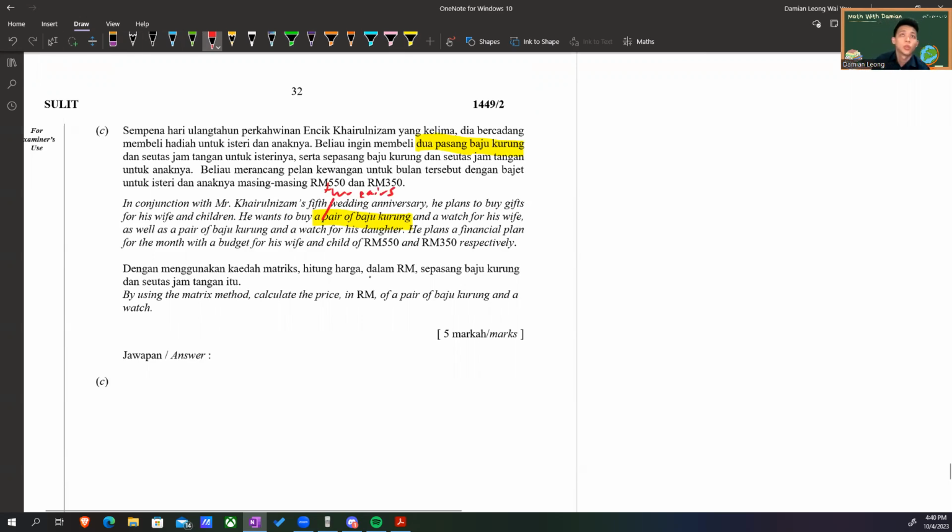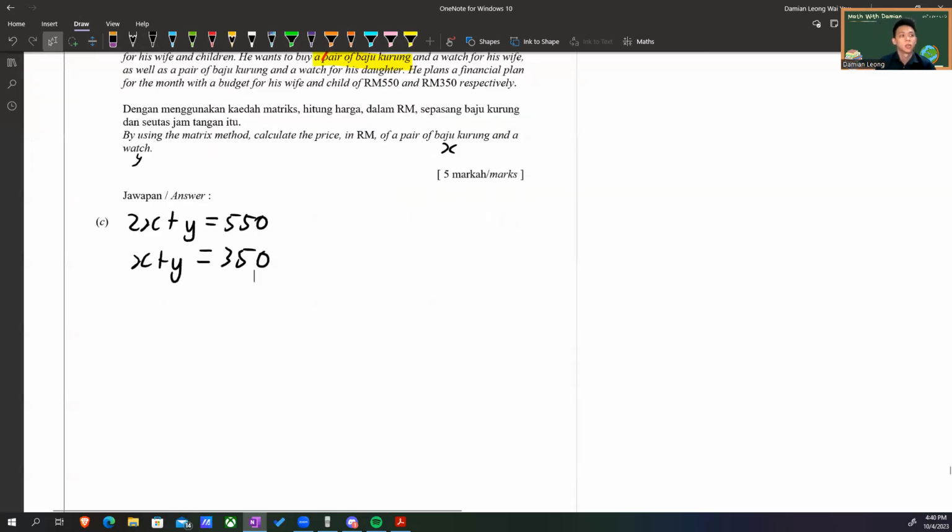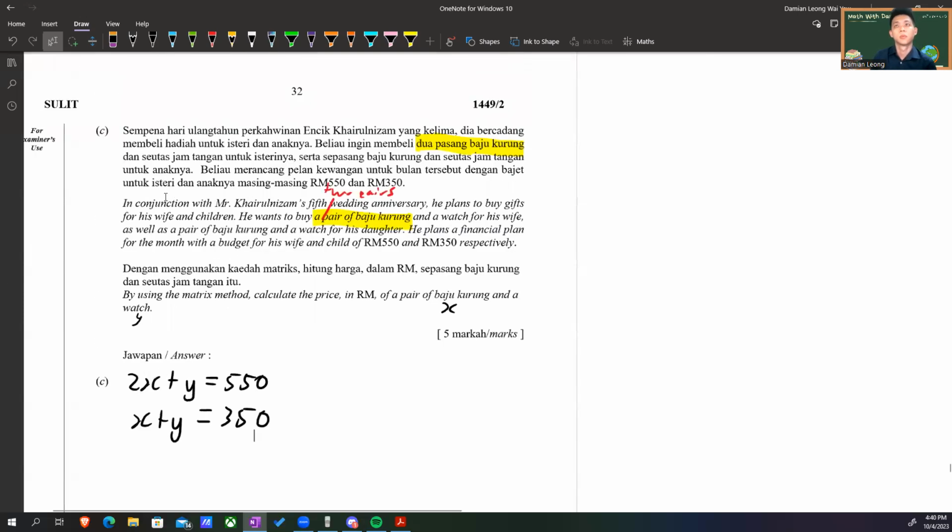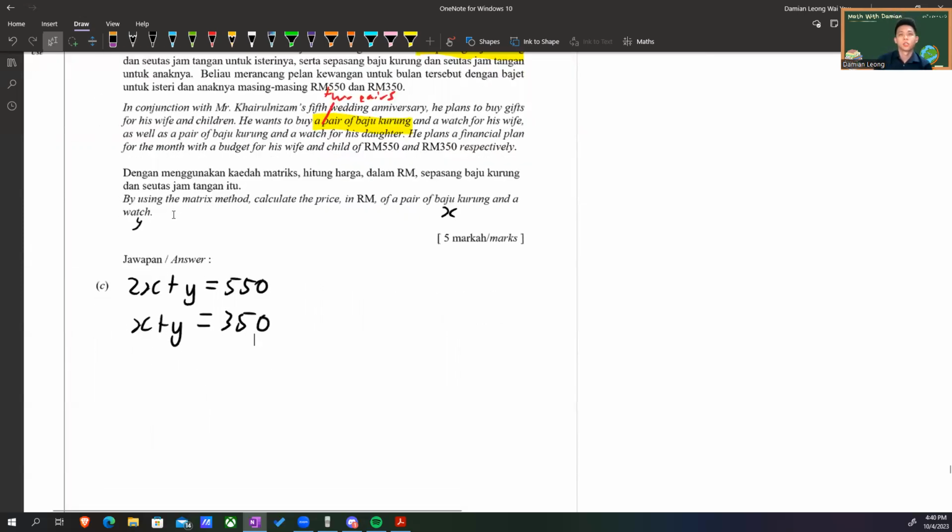Okay, one watch. So let's put X for baju kurung, Y for watch. 2x plus Y. And X plus Y. So equals 550 and 350. So yeah, it's just for that 1 year.